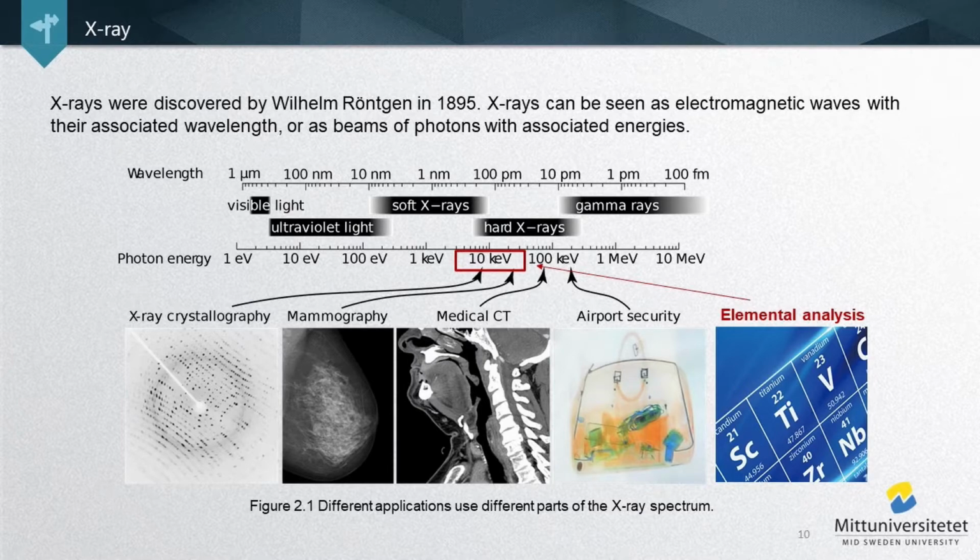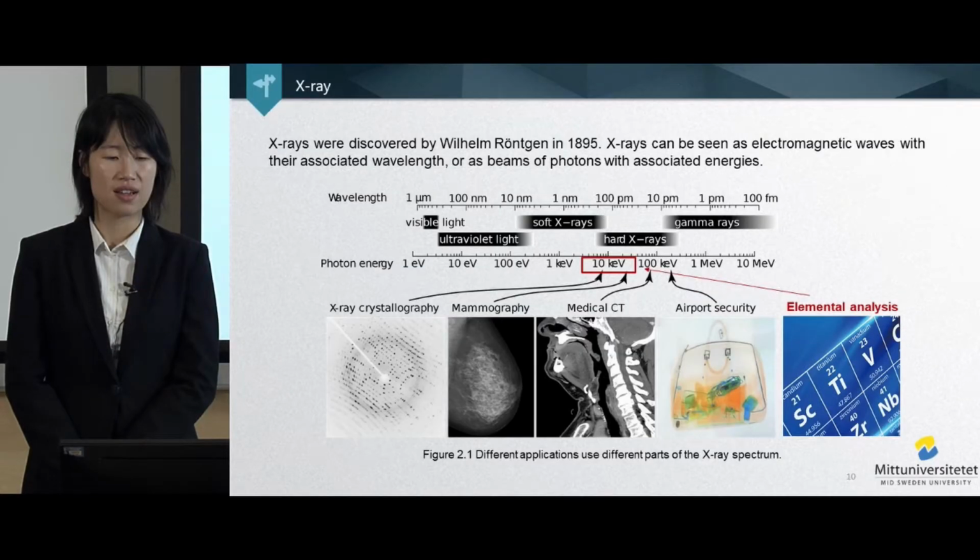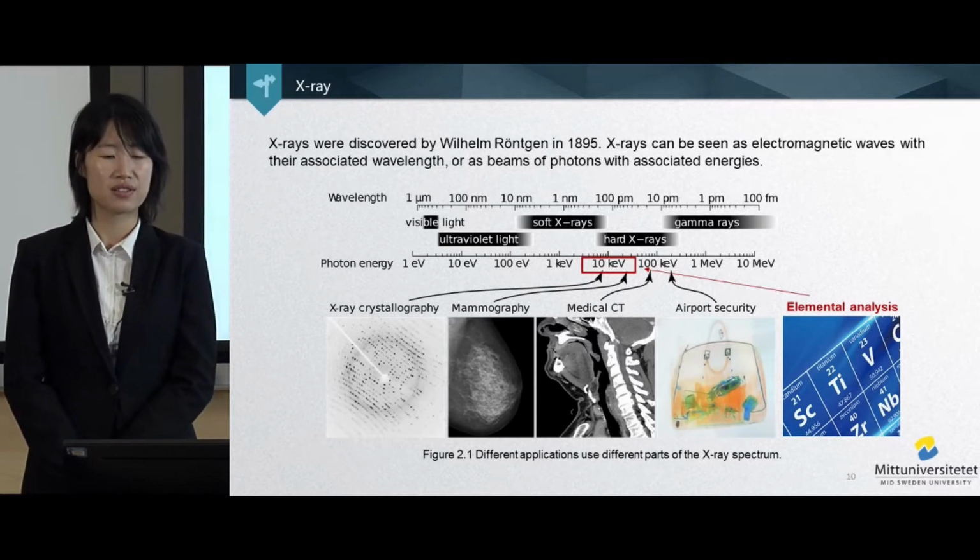For example, X-ray crystallography can be used to determine the atomic structure of a crystal. And there are also medical applications for high energies, and airport security is also based on X-ray technologies.